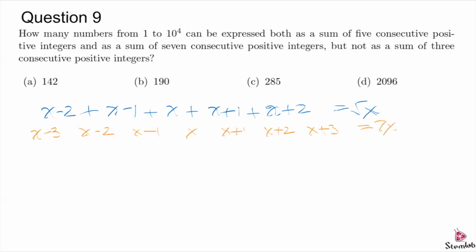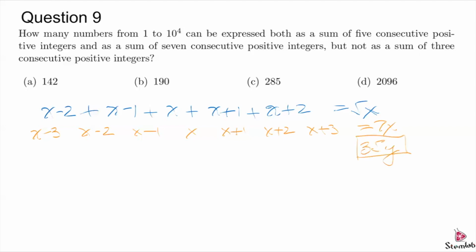So if we want the numbers that can be expressed as both the sum of 5 consecutive positive integers and the sum of 7 consecutive positive integers, then they must be a multiple of 35, right? It has to be a multiple of the LCM of these two. So really, we're looking for multiples of 35. So 35y, that's what we're looking for.